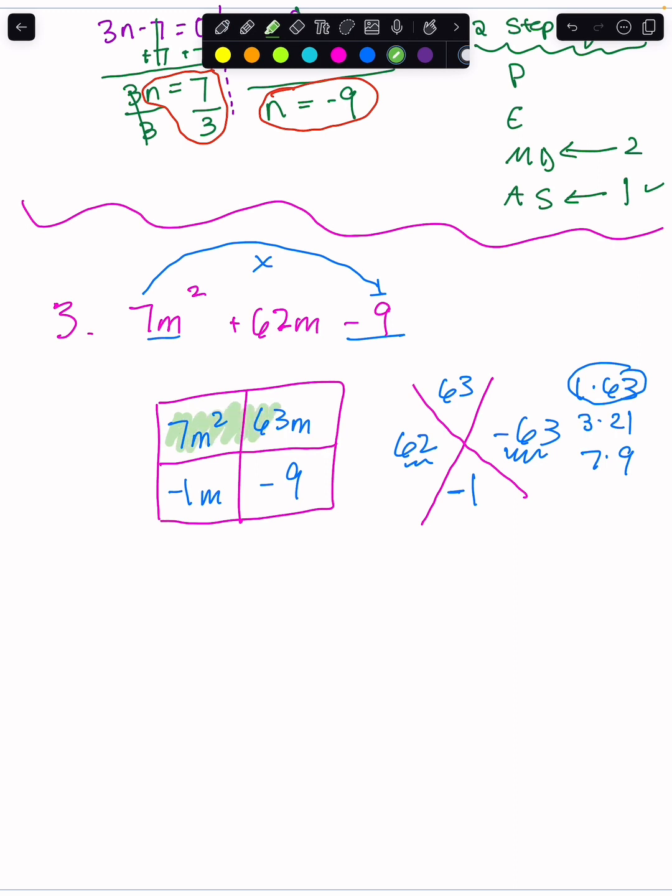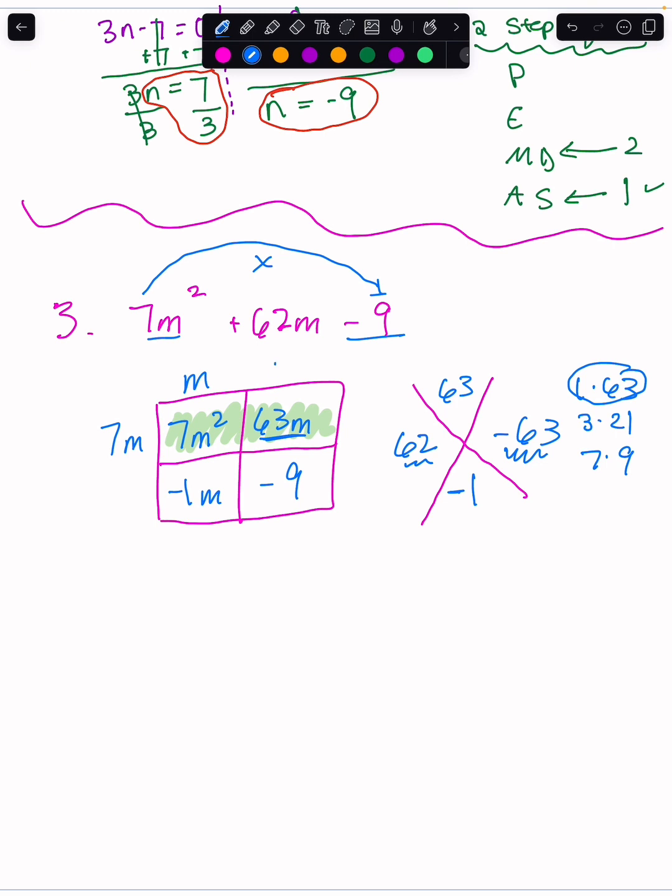I need to factor this line first. Once you factor that line, everything else falls into play. What number goes into 63 and 7? That happens to be 7. And the lowest number of m's I could take out is 1. 7m times something is 7m squared. Well, that happens to be 7m times 1m. You don't have to put the 1. And then I got to figure out 7m times what is going to give me this 63.